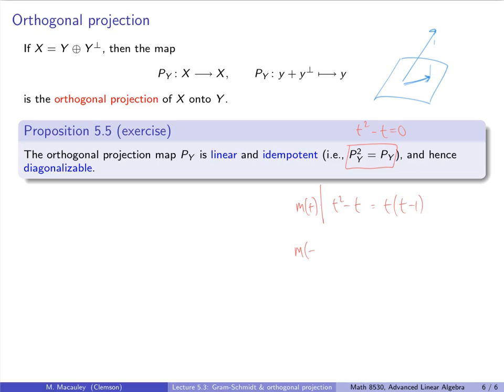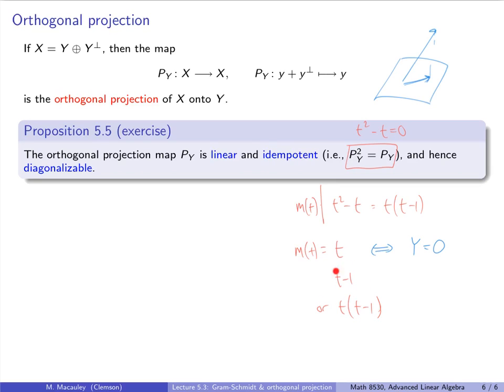In other words, the minimal polynomial is either t minus 1, or t times t minus 1. Of course, this first case only happens if the map is 0 itself. So Y is the 0 vector. So we are projecting onto the 0 vector.